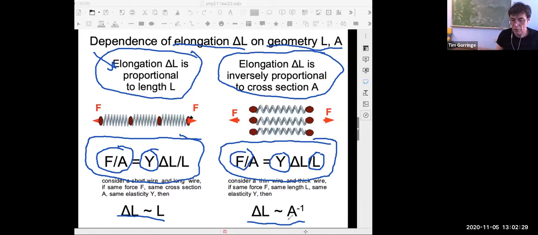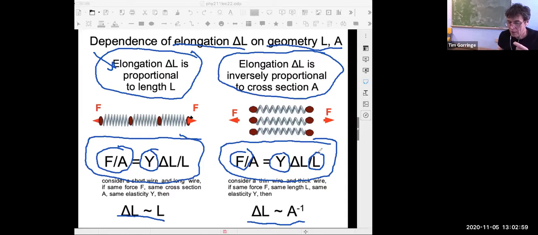So these are the two important geometrical features of when you apply stresses and when you get strains: how the elongation resulting from the stress depends on the length of the rod and the cross section of the rod. It's in proportion to the length of the rod, inverse proportion to the cross section of the rod. And that does just make common sense, right?